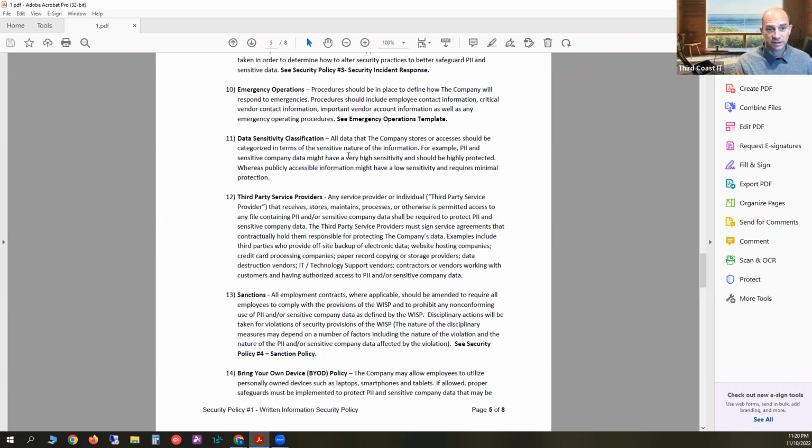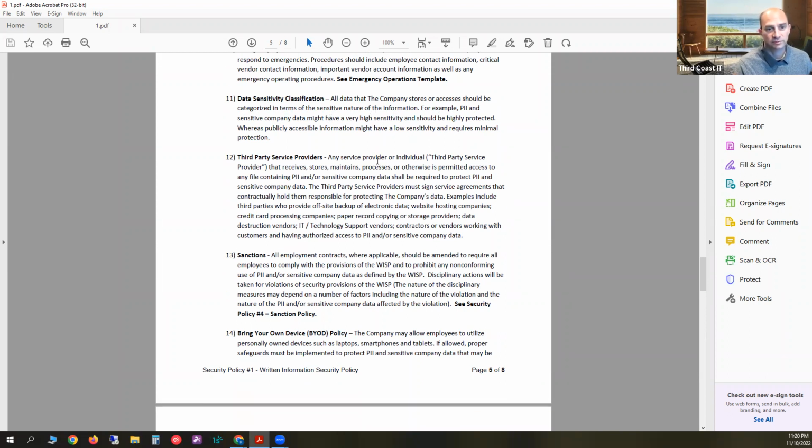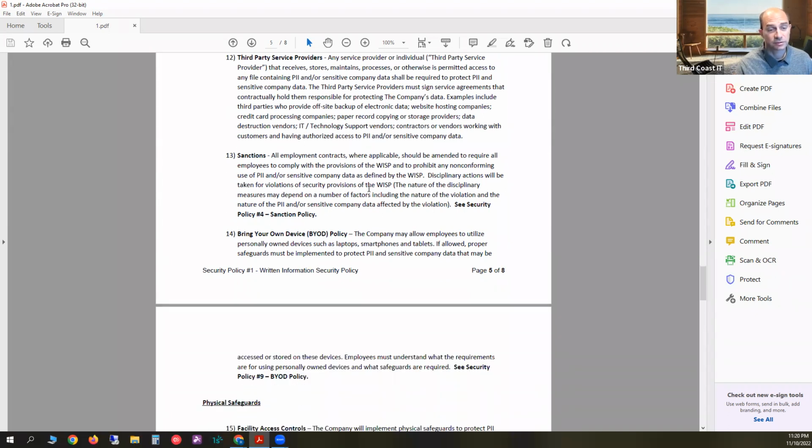Data sensitivity classification, that is in terms of the sensitive nature of the information. And so we want to understand what is high and low in terms of how sensitive the information is. Third party providers. This is a big one where we talk about your vendors. Sanctions is what happens if somebody does not follow the rules of acceptable use in terms of the computer policy.